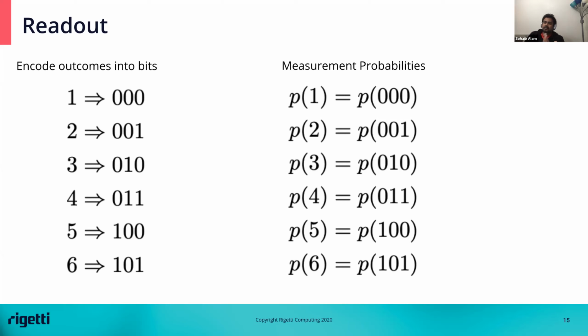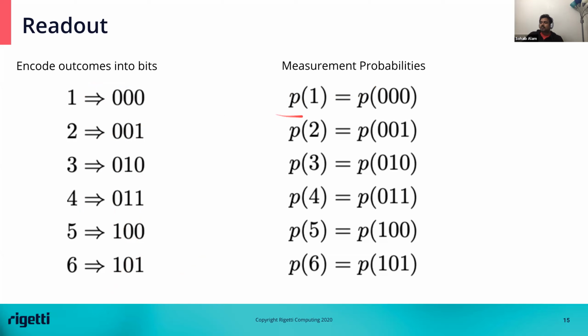You could imagine doing the same kind of dice experiment, in which instead of actually rolling dice, we're rolling dice on a computer, and we're encoding all our dice states into bits. So one gets mapped to the all-zeros bit string, two gets mapped to one, et cetera. This is the binary version of the number minus one, essentially.